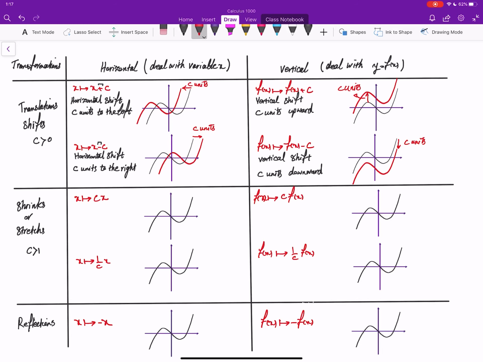How about the stretches? Okay, so when you multiply x by a constant c, which is bigger than 1, then the operation would be a horizontal shrink by a factor of c.